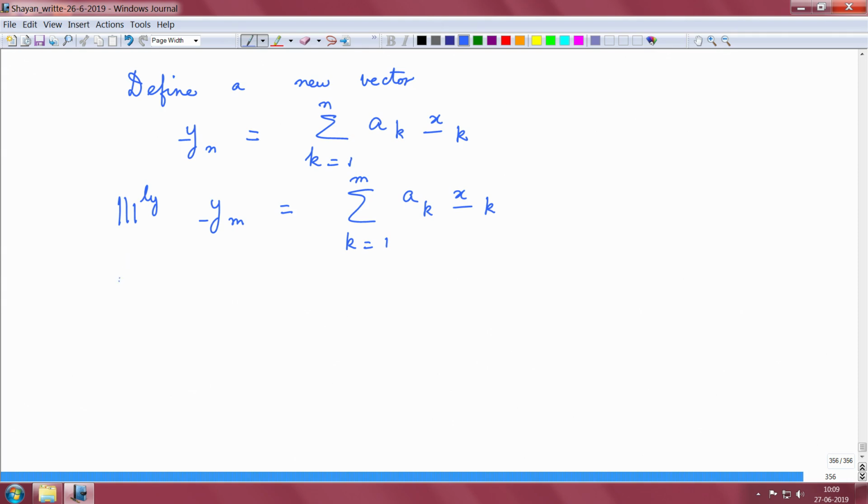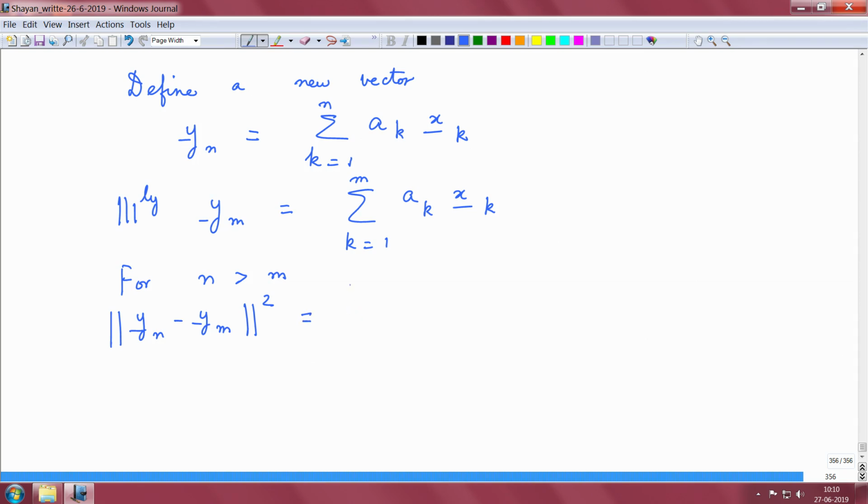Now, for n greater than m, I compute the norm square of the difference vector yn minus ym.